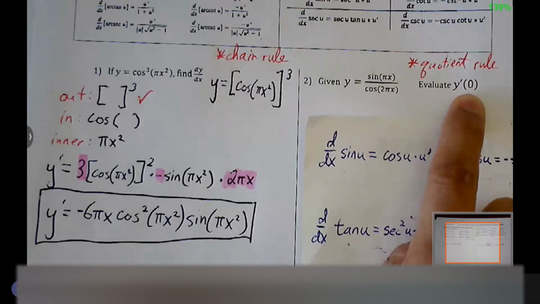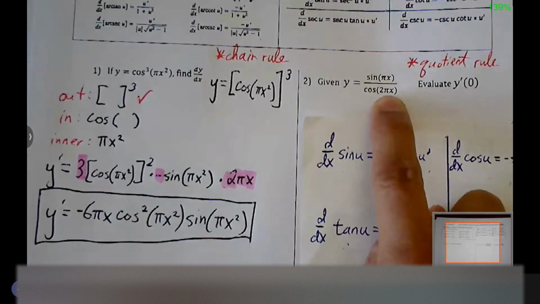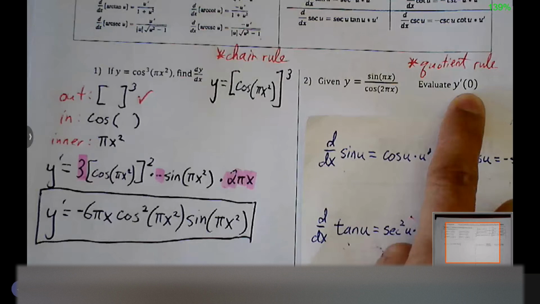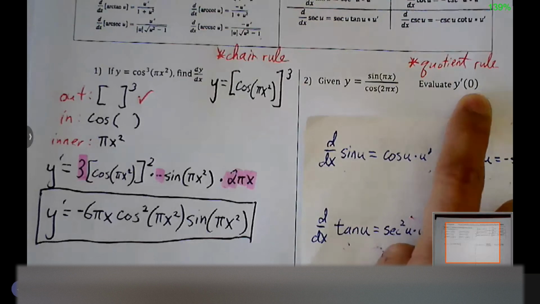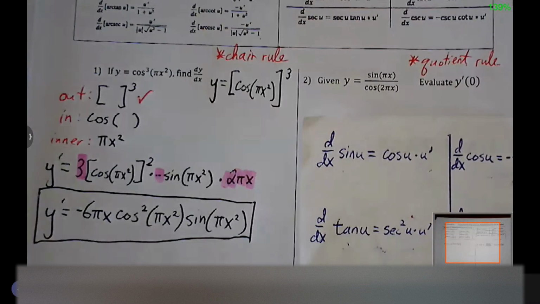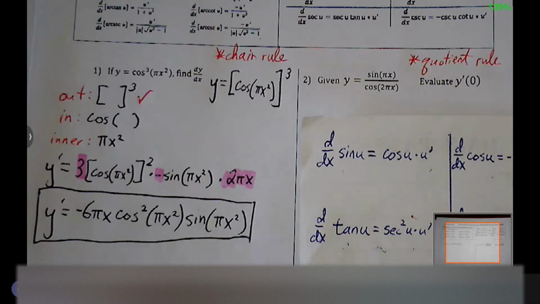And that number will represent slope. My suggestion is as soon as you find the derivative, don't worry about trying to clean up the derivative. Just replace all your x with 0. It's going to be long and messy, but plugging in 0 as soon as you find the derivative will help collapse your answer down to a number a lot faster, rather than trying to clean up or factor or cancel out. Just replace all your x's with 0s. All right, give that a try.